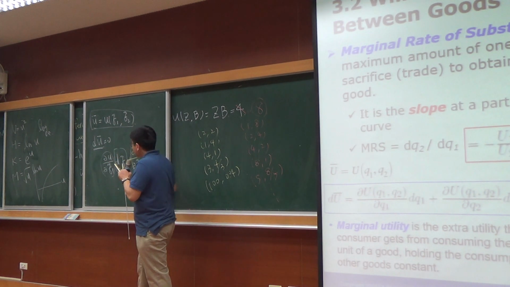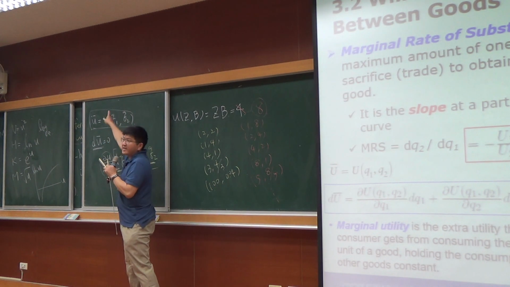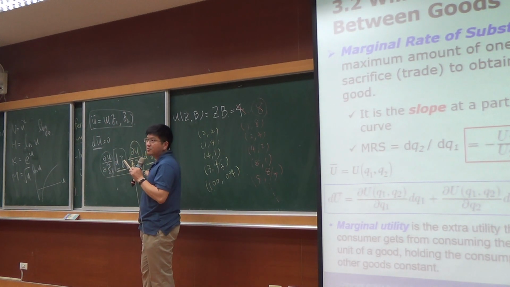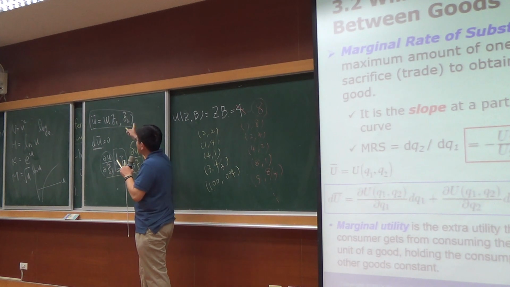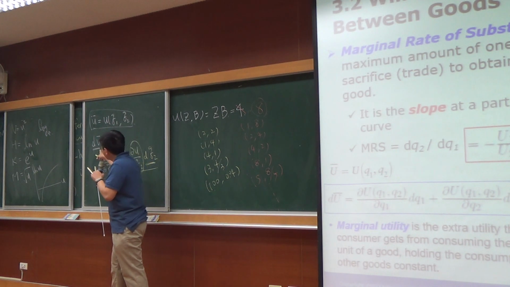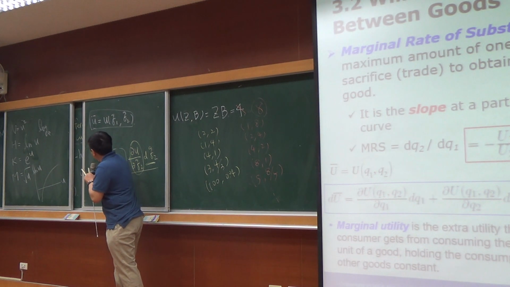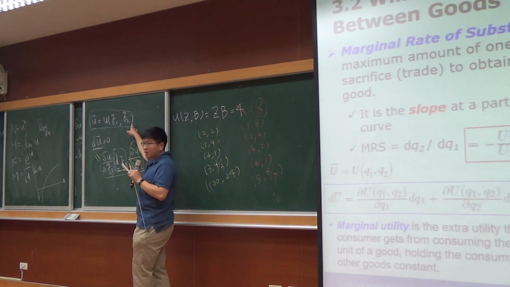And this is actually the total differentiation of the right-hand side. This is the total differentiation result of the right-hand side. And this is the total differentiation result of the left-hand side. And they must be equal, right? Because this is an equation.